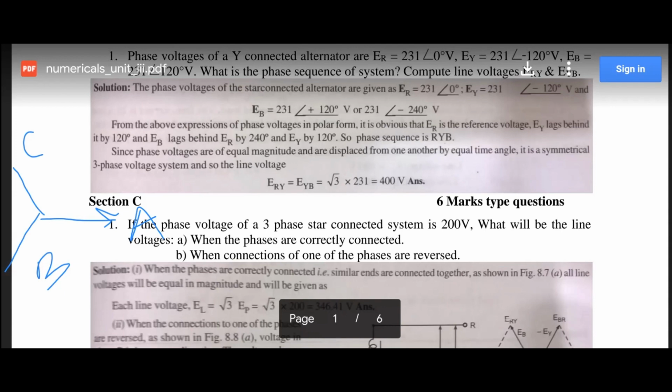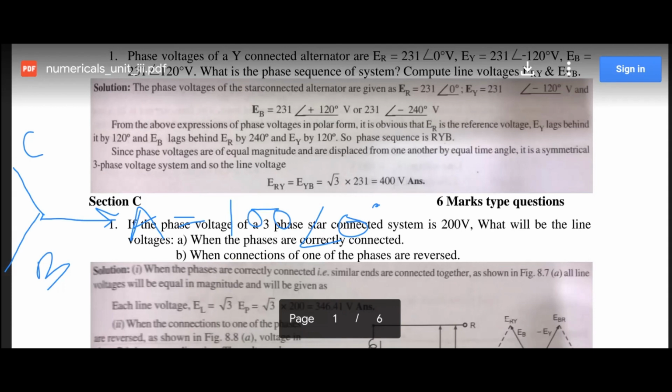Since the supply system is balanced, so if the magnitude is 100 volts, okay, and for our convenience, for the initial stage, we have marked 0 degree, or you can say that the A phase voltage is in line with the x-axis.